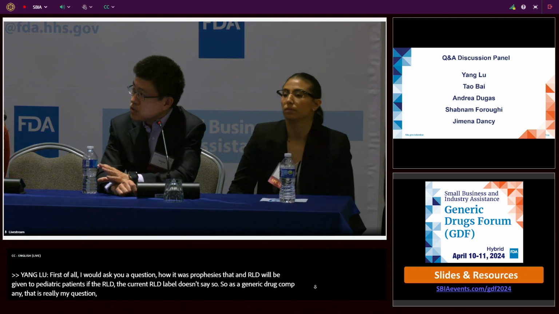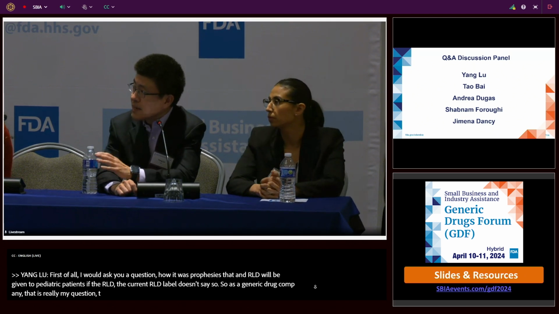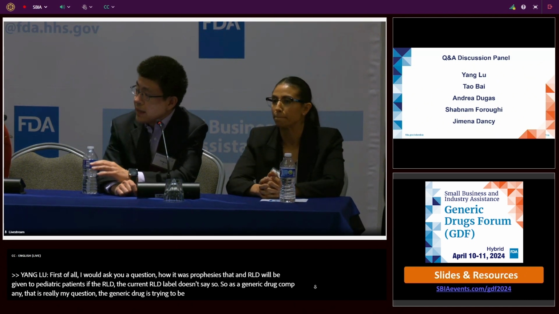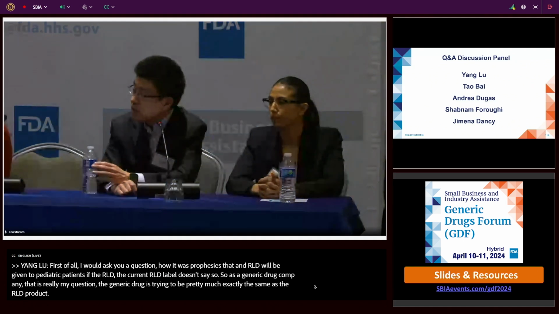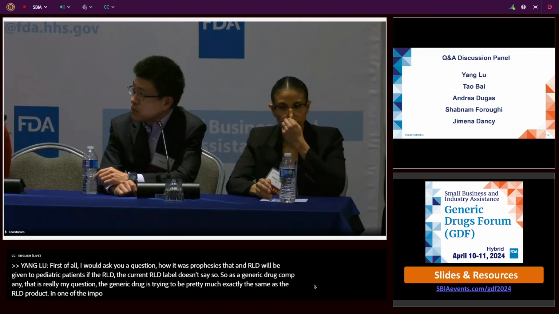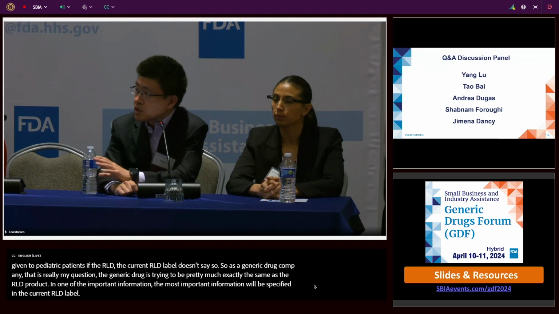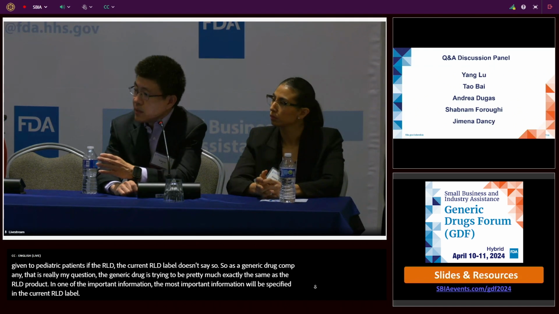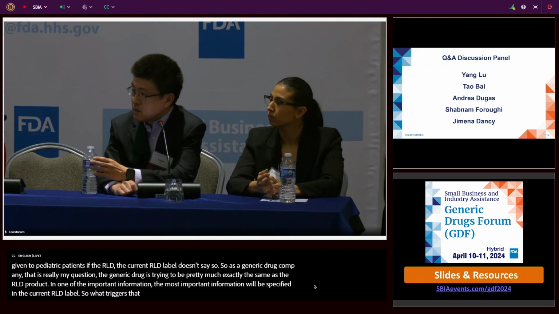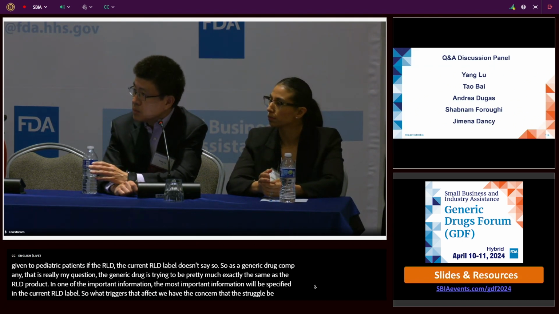The generic drug is trying to be pretty much exactly the same as the RLD product, right? And one of the most important pieces of information will be specified in the current RLD label. So what triggers the concern that this drug will be, like 5 years later, used in pediatric patients?